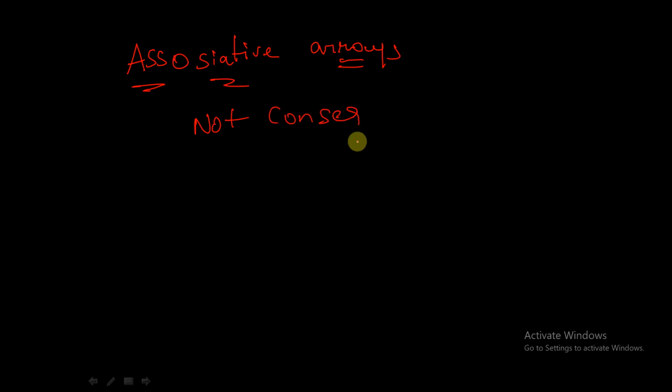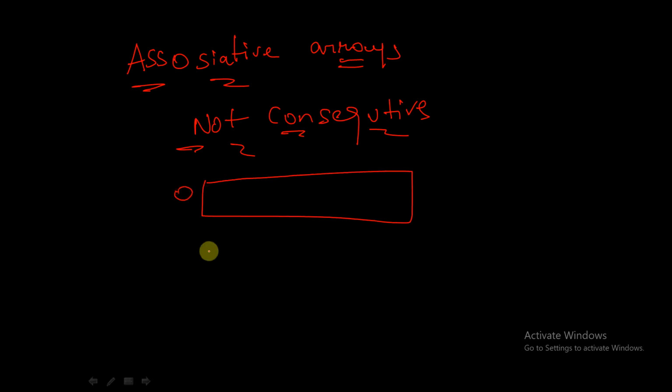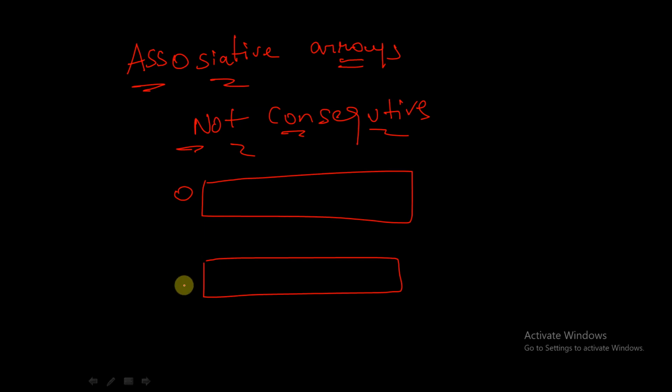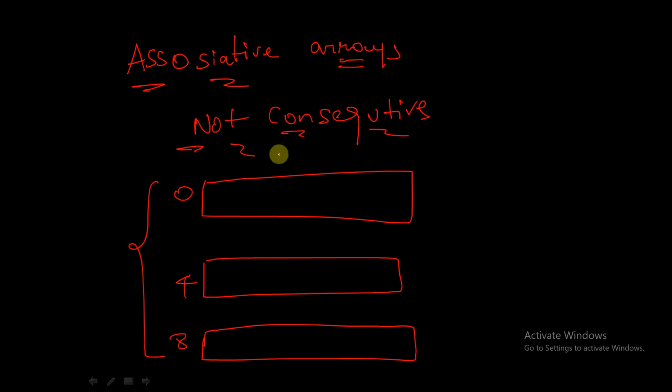For example, if we create an associative array, there may be a memory location 0 created, or somewhere there may be a memory location 4 created, or there may be somewhere a memory location 8 created. So like this, we can create non-consecutive memories in case of associative arrays.